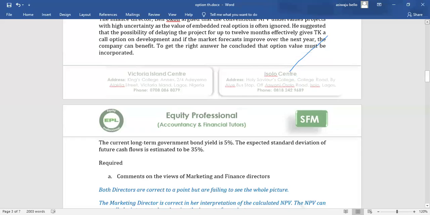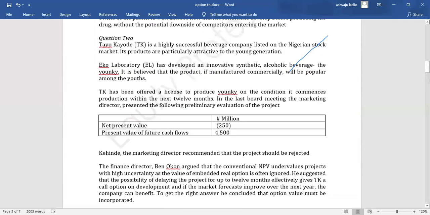Let's go back to the question. Look at paragraph 3. TK has been offered a license to produce Yonki on the condition that it commences production within 12 months.